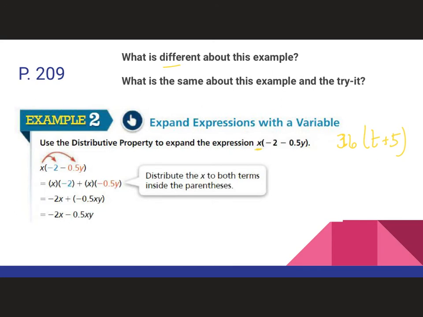They're still saying x times negative 2 and x times 0.5y. So the next part here shows that they are multiplying x by both of those things. Then this next line shows that they are simplifying it. They're putting the coefficient in the front, and they are putting the variables in alphabetical order.